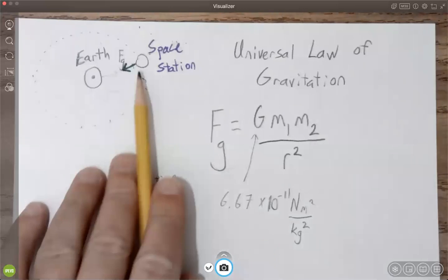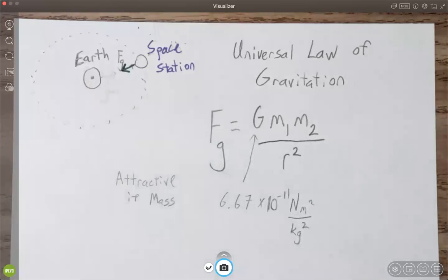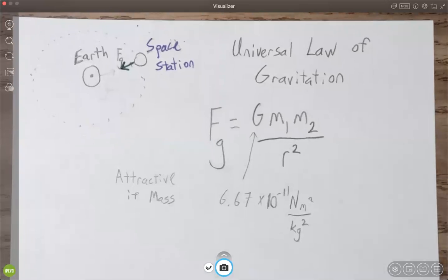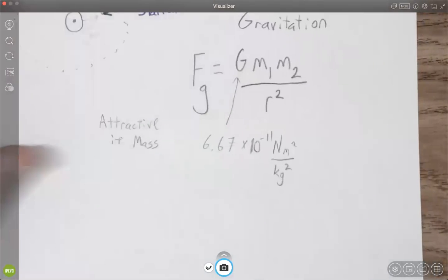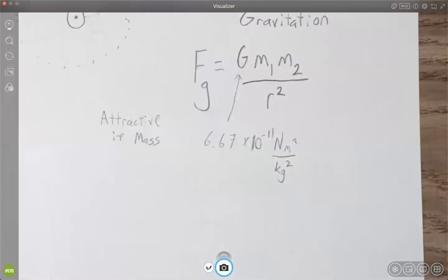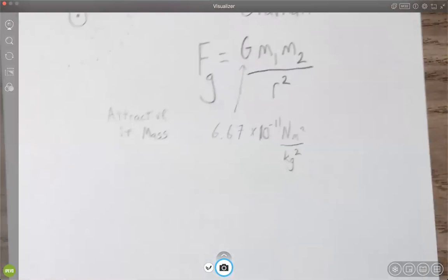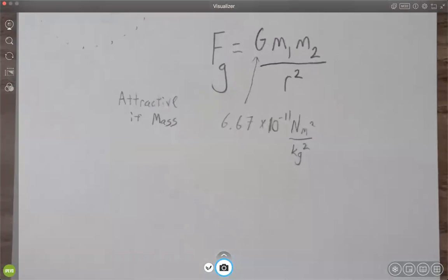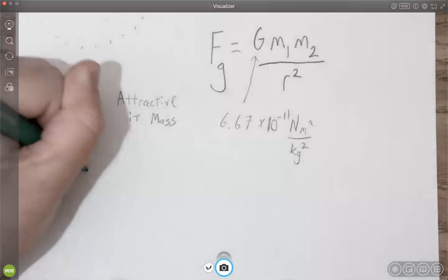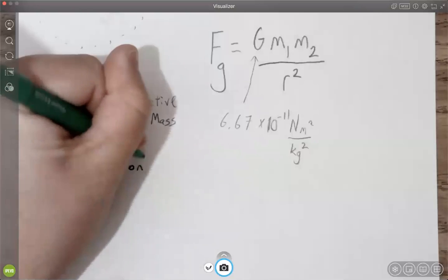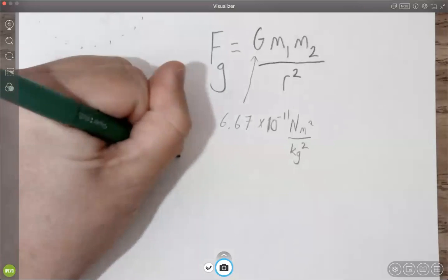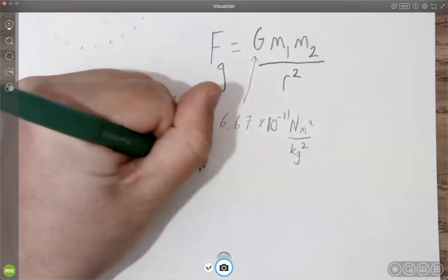This gravity is going to pull together this space station towards the Earth. So this is going to lead us to a thought experiment. So Newton was a brilliant guy. He invented calculus. He also had a thought experiment that can now be known as Newton's cannon.